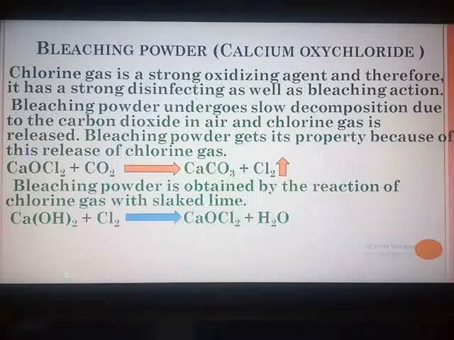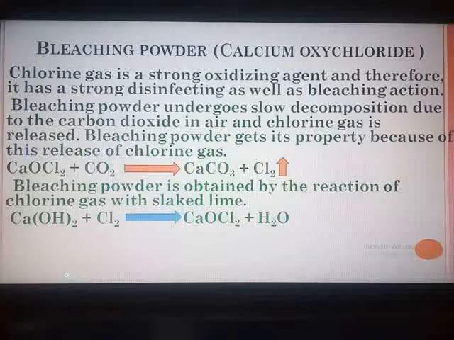You might have observed the typical smell coming from the tap water during the rainy season. Have all of you experienced it? Also, the water in the swimming pool has the same type of smell, and this is the smell of chlorine gas.